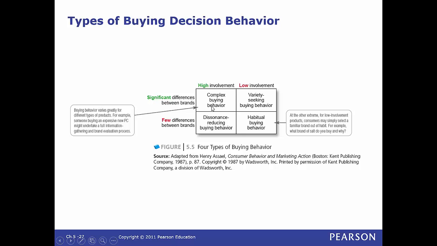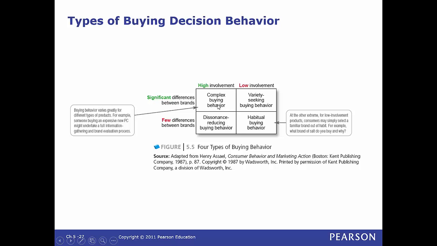In dissonance-reducing buying behavior, the consumer will also spend a long time comparing between different brands, and the problem here is that there are only few differences between brands, so the consumer will try to reduce the dissonance that he feels when trying to buy a product. Finally, he or she will buy the most preferred brand.